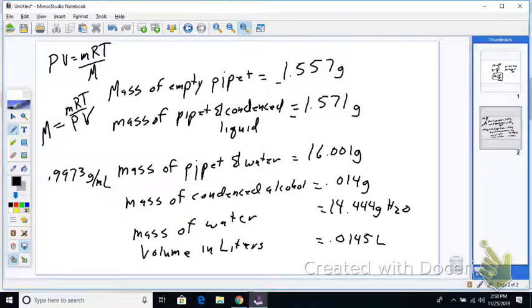Right? Okay. The pressure is whatever it is, barometric pressure, 738. And the volume is right here, 0.0145 liters. So doing all that, you should get the molecular mass.